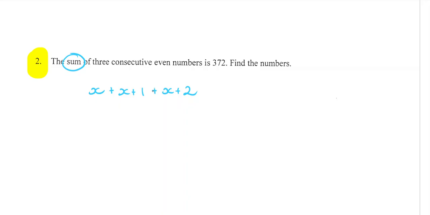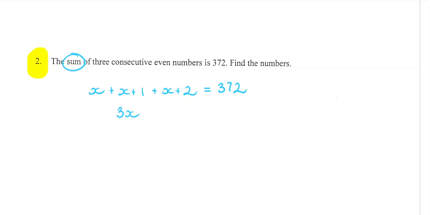Now those 3 numbers are added together to give a result, which means equals 372. And the question asks me to find the numbers. All right, algebra time. If we have got 3 x's there, but they're all on the same side, we just have to collect the like terms. X plus x is 3 x's, so 3x.